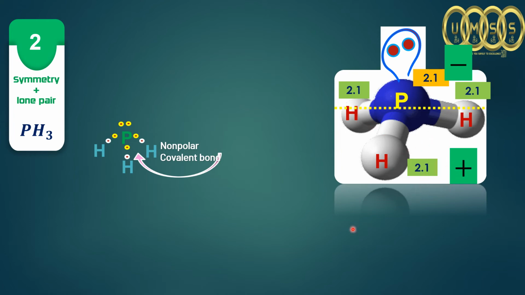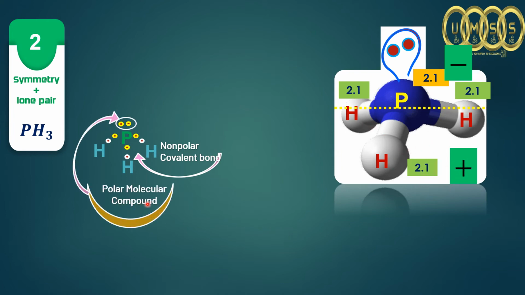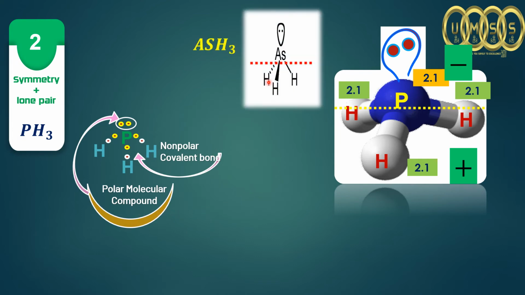So PH3 is a polar molecular compound. If we take another example like arsine, AsH3, it will be like PH3, as arsenic is in the same group as phosphorus and has the same geometrical shape as PH3. So arsine is a polar molecular compound.